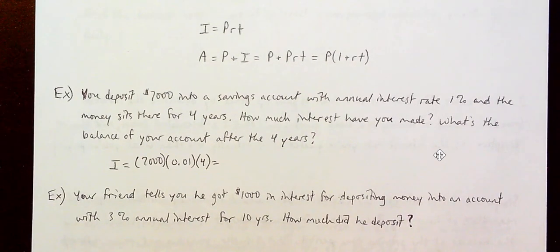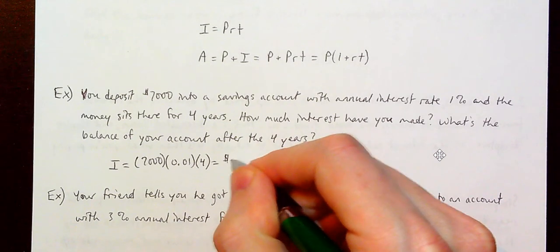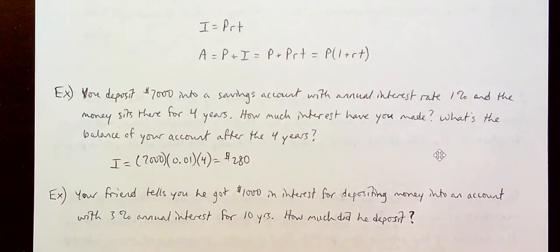You can now plug in: 7,000 times 0.01 times 4, you will get $280. And that's how much interest you would get for those 4 years.